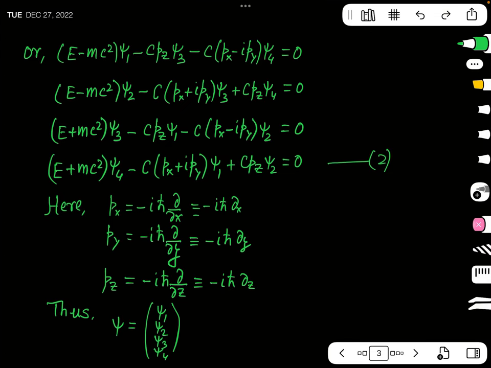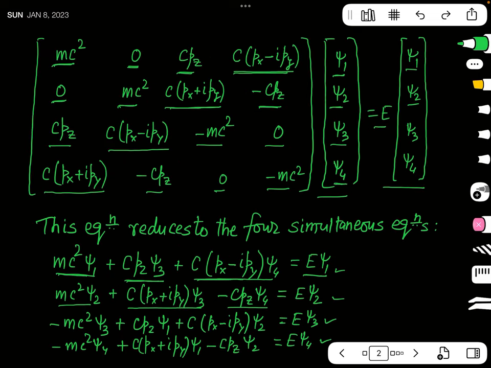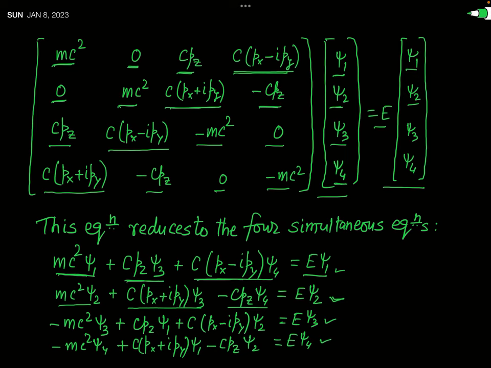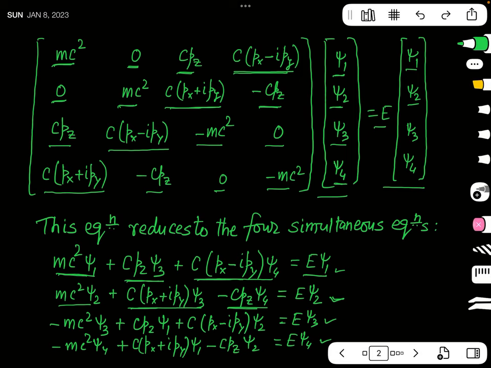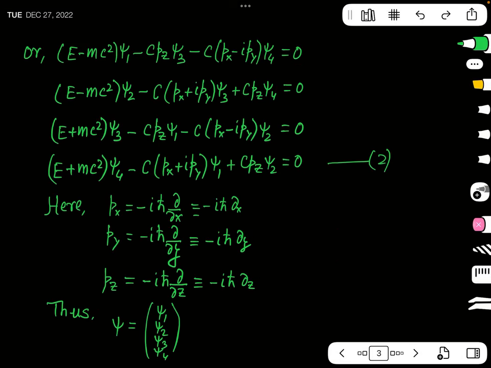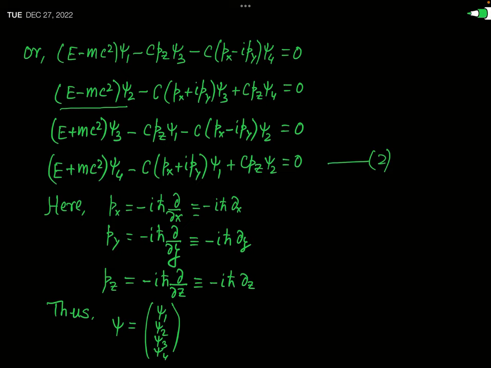And similarly, when we take these terms in the LHS in the second equation, then this will again be E minus mc square psi 2, and the second term will become minus, the third term will become plus, the sign will just be reversed. Okay. So the second equation becomes E minus mc square psi 2 minus cpx plus ipy psi 3 plus cpz psi 4 equal to 0.